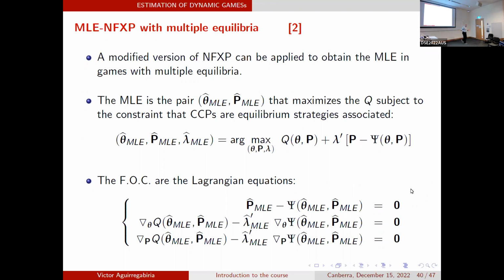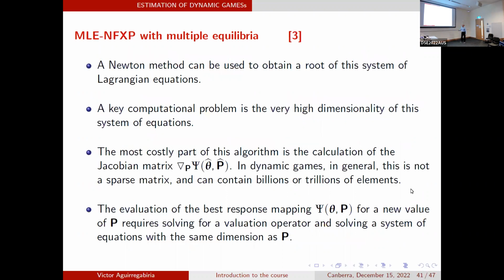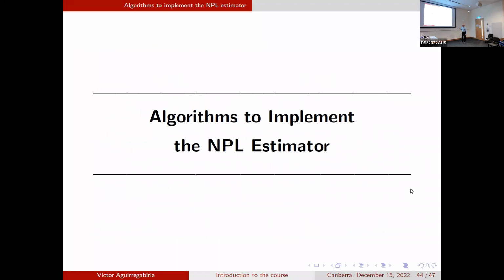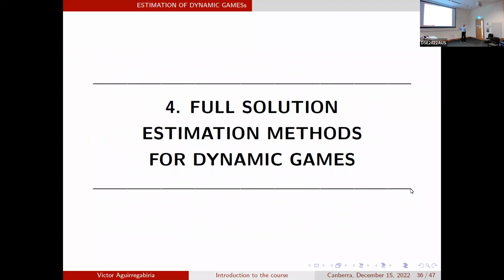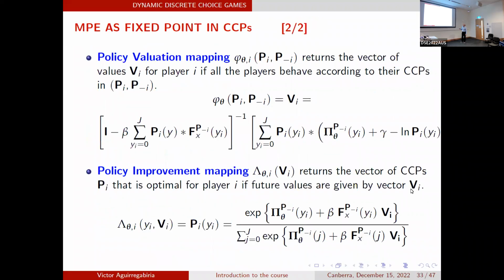Then the maximum likelihood estimator is going to look for theta, p, and lambda that solve these equations. And because we don't have the zero Jacobian property, we have, one way or the other, to calculate these Jacobians. Remember, in these best responses, the choice probabilities enter in these transition probabilities, enter in this inverse matrix.